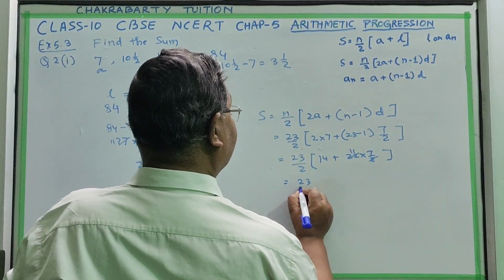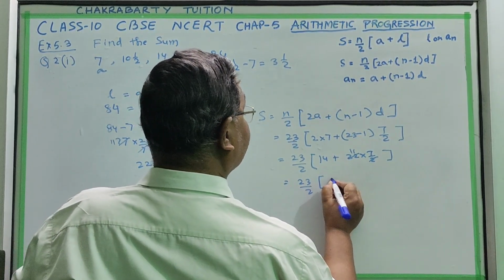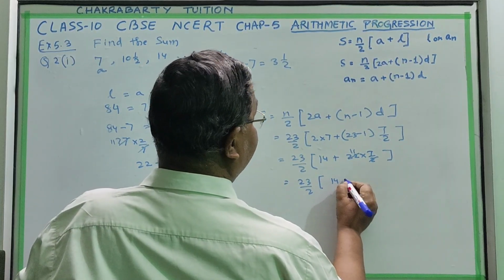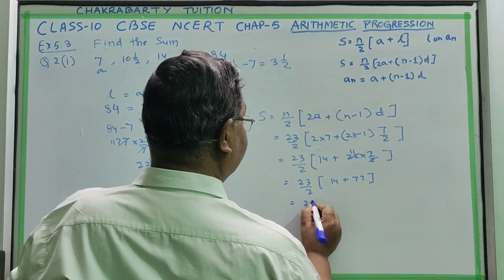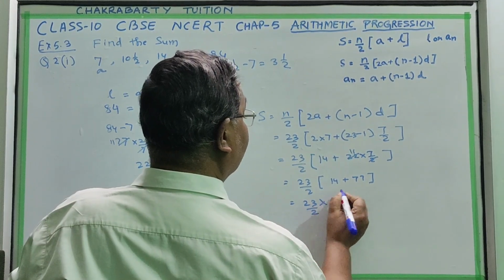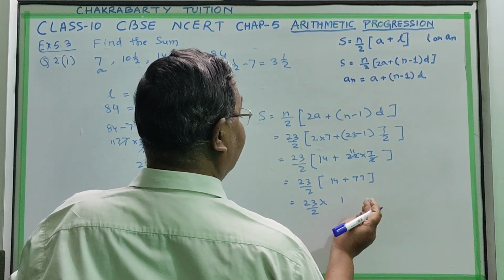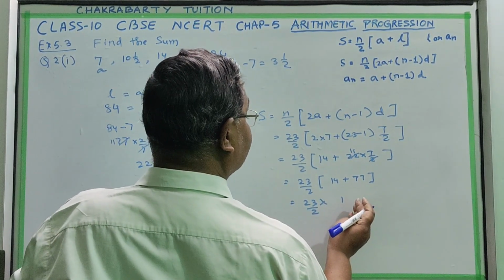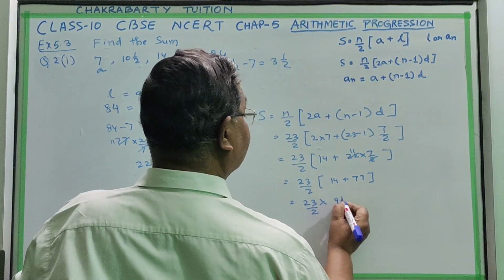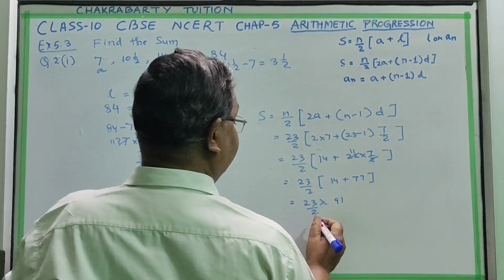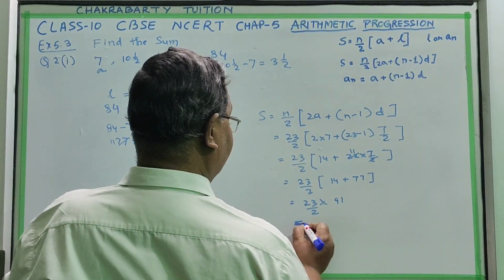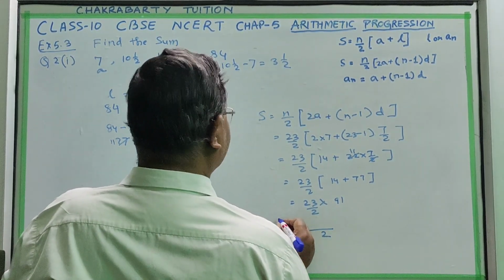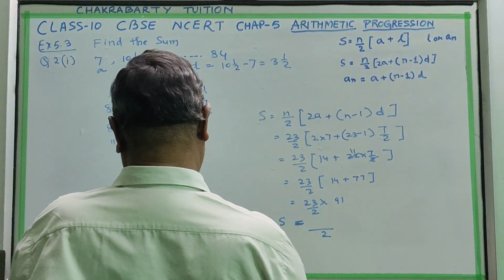So 23 by 2 into 14 plus 77, which is 91. So 23 into 91 we will multiply upon 2. This will be the S.